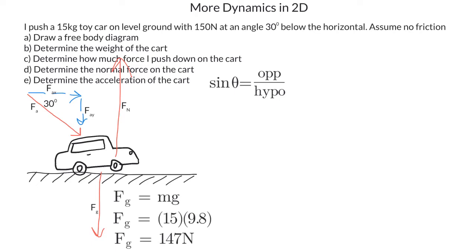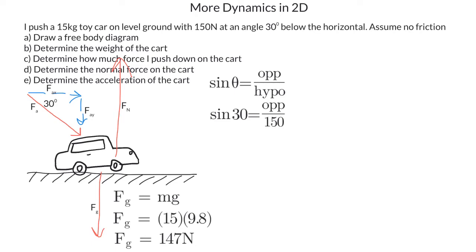We will place in our values. The hypotenuse is 150, and our angle is 30 degrees.